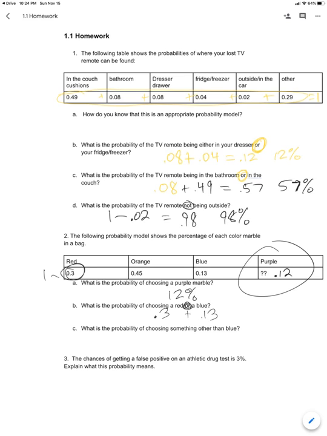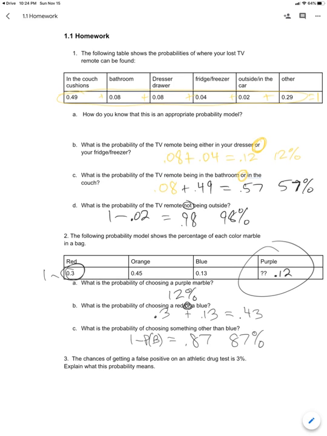That's not 0.16, that's 0.43, 43%. What is the probability of choosing something other than blue? That means everything but blue. So you could do 1 minus the probability of blue, and you'll get the same thing, or just add up all the other ones. So 1 minus 0.13 is going to be 0.87 or 87%.